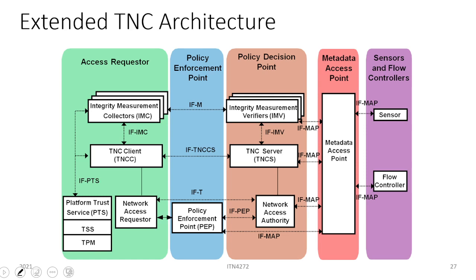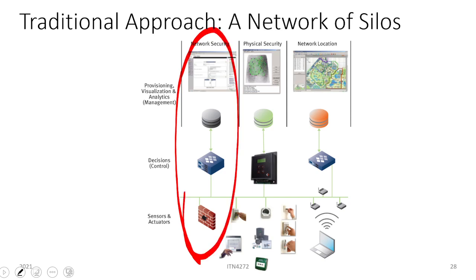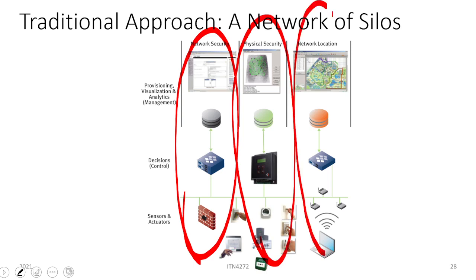How it mainly differs from the traditional approaches is that in traditional approaches we have a siloed approach. We take certain measures for network security, then we do certain other mechanisms to provide physical security, and then certain other mechanisms for our networking. All these things are done separately with minimal interaction or interconnectivity between them.